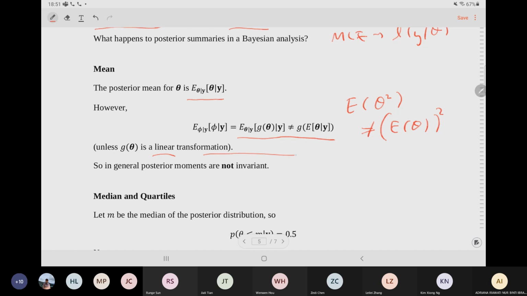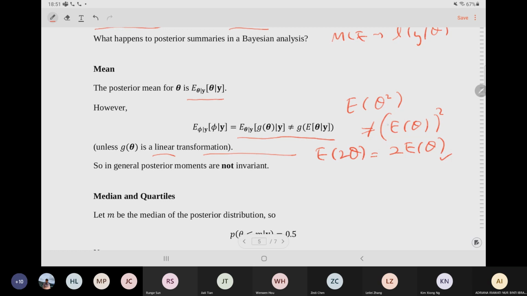When it's linear, linear means the expectation of 2 theta is equal to 2 times the expectation of theta. So if it's linear where you have a constant, then yes, you can take out your constant and then multiply. That's why it's a linear transformation. Okay, so this is correct. But if it's not a linear transformation, then it's not correct.